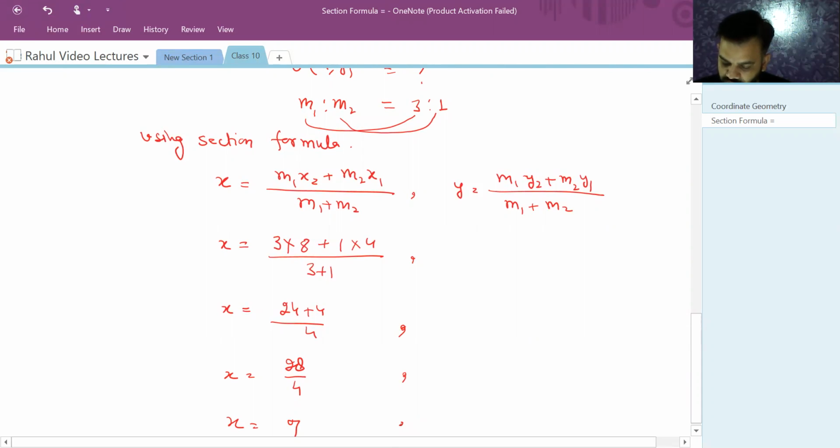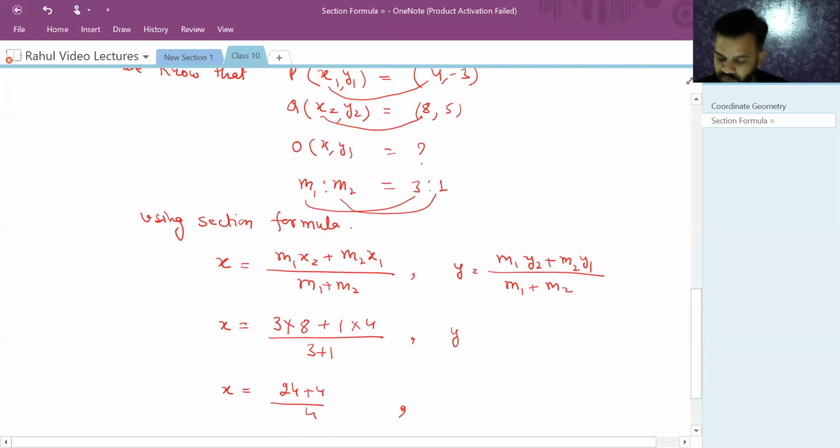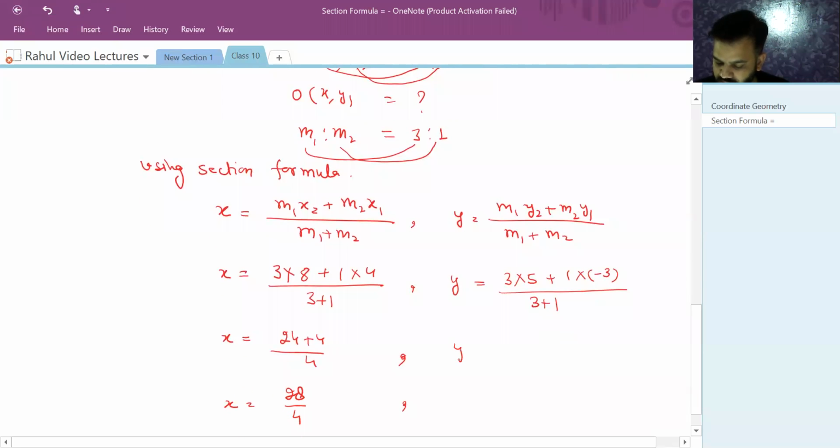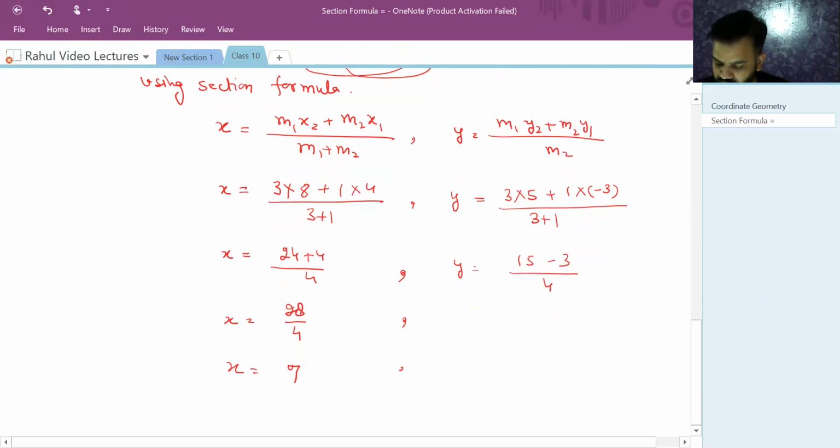Now you have to find out y. So if I talk about y, so y equal to 3 into y2 which is your 5, plus y1 which is your -3, 1 into -3, divided by 3 plus 1. So y equal to 15 minus 3 divided by 4. So y equal to 12 divided by 4, and y equal to 3.